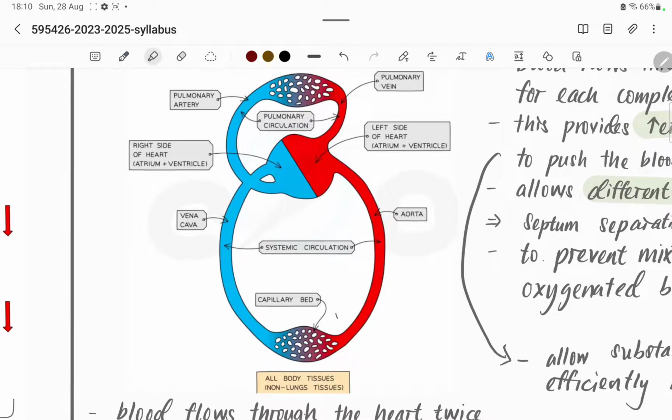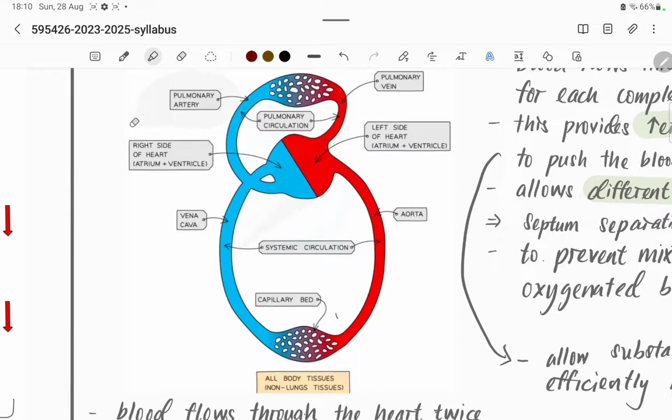The main vein we call vena cava. It brings back the deoxygenated blood from the capillary bed in the systemic circulation back to the heart first. And then the heart pumps the blood to the lungs through the pulmonary artery.